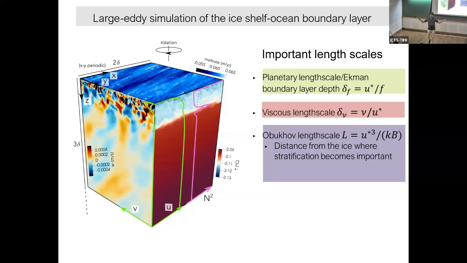That means two types of forcing are involved. Yesterday I talked about these two forcings, correct? Buoyancy forcing and mechanical forcing. So u star represents the mechanical forcing and B represents the buoyancy forcing. We are looking at who is the winner. That is the way we can decide another length scale, called the Obukhov length scale.